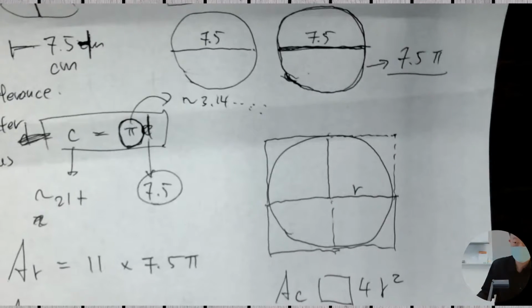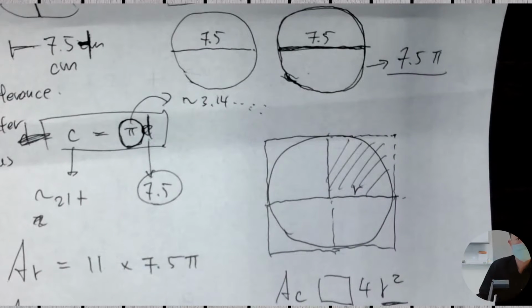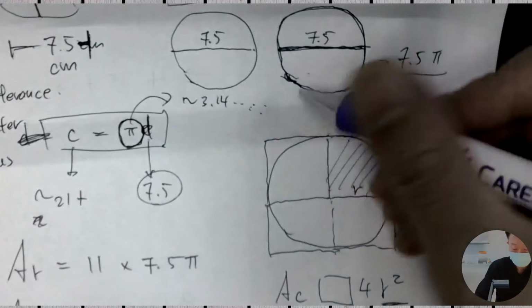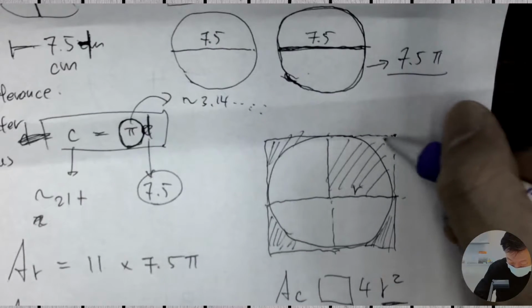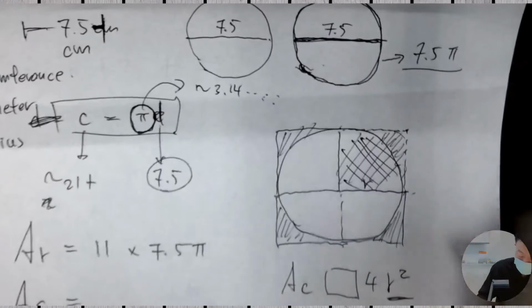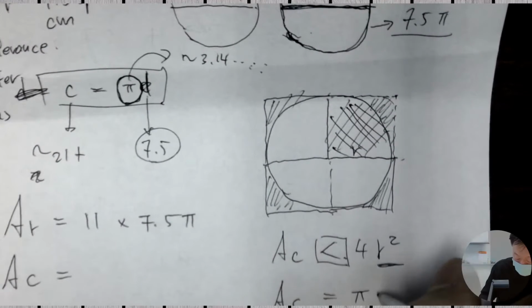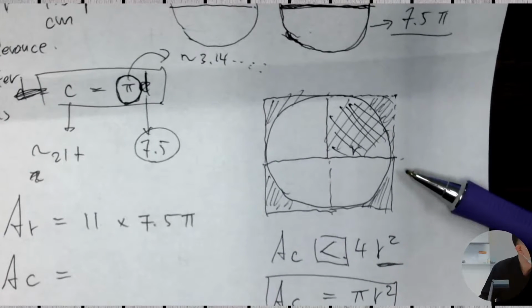What do you think? 4 times would be a little bit too much because I'd be counting those shaded areas that are not supposed to be there. So of course, 4r squared is bigger. The area of a circle in this case is pi r squared.